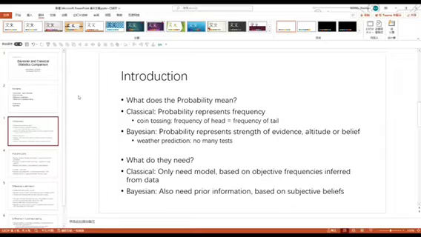And as for Bayesian, it also needs a model. But besides that, we need prior information, just like in the weather prediction. We assume the probability of rain before we get the data. So it is about subjective beliefs.